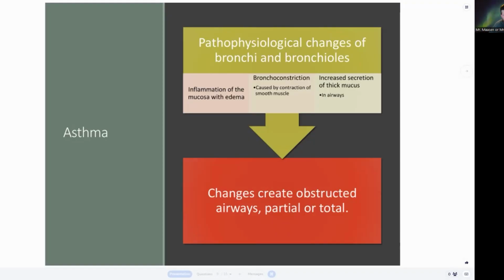Essentially the pathophysiology with asthma is that the bronchi and bronchioles, all the branches of the tree trunk in the lungs, the passageways that air moves through to get to the alveoli, get super inflamed, mucus production increases, and also there's bronchoconstriction.